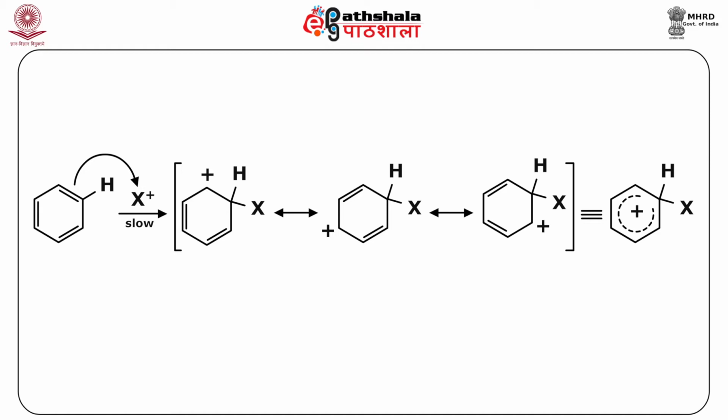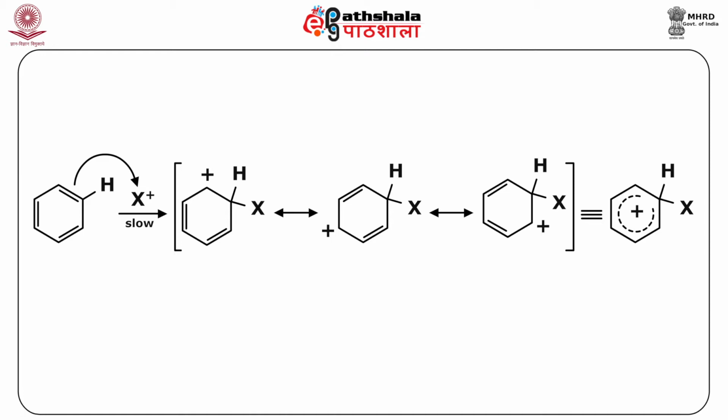Now students, you can see here, when an electrophile attacks the benzene ring, what happens? Because it is short of electrons and it is electron loving, that means it will take up the electrons, the charge on the ring, thus it will make the ring electron deficient.